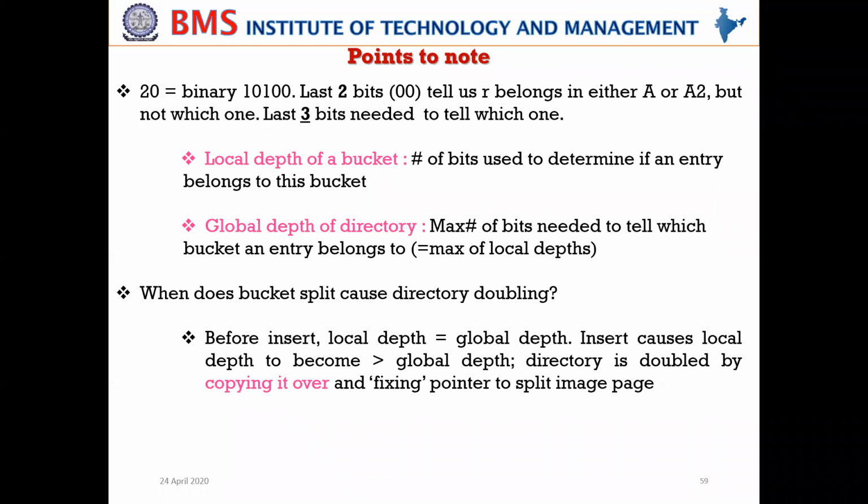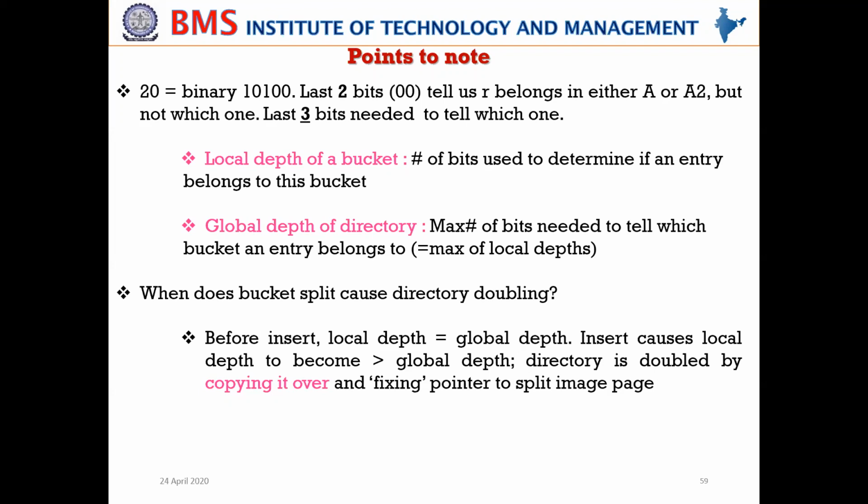And if you perform an insert operation, and the insertion causes the local depth to become more than the global depth, then in that scenario we need to double the size of the directory. Correct?